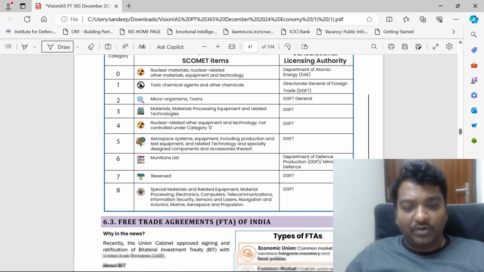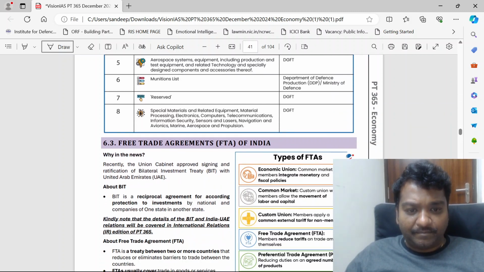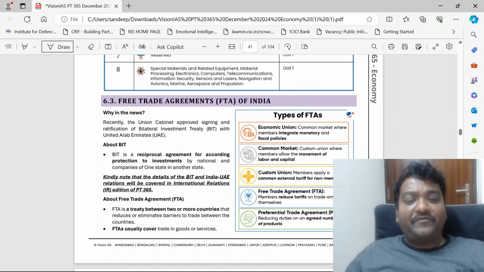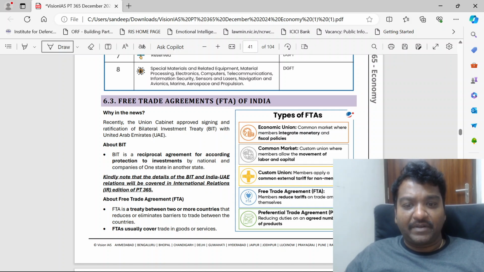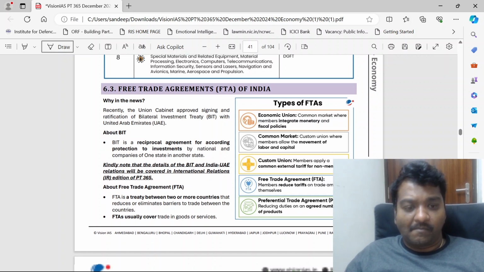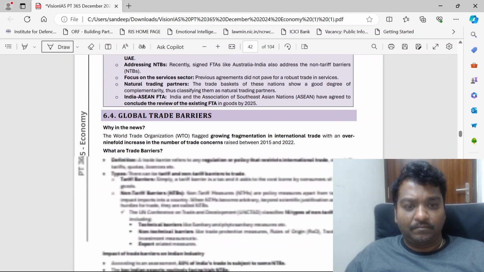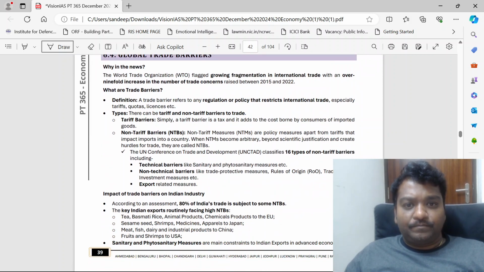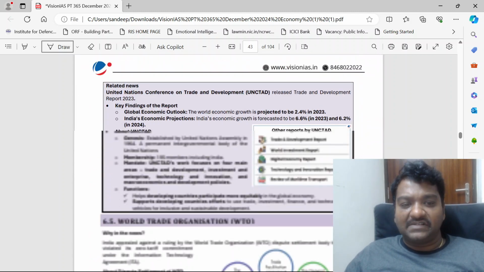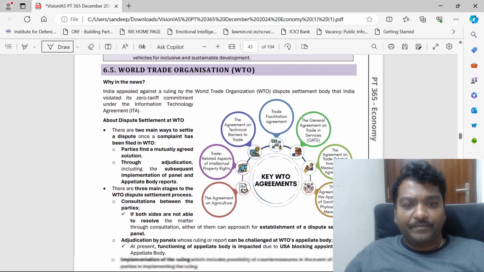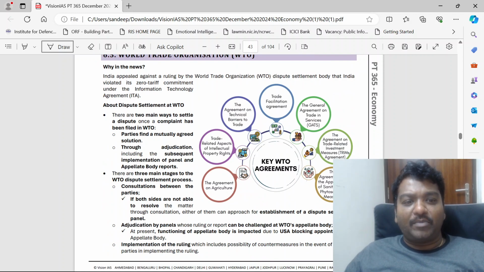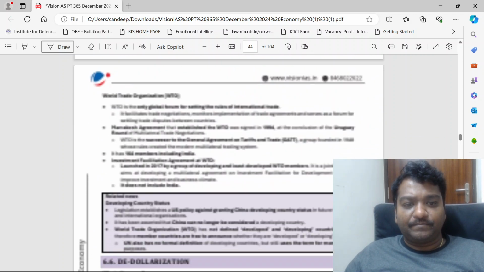So I don't think it's important. Because with UAE we are planning to have a free trade agreement, guys. It's all concerns, guys. So not important. See, WTO normally you try to read nothing much.